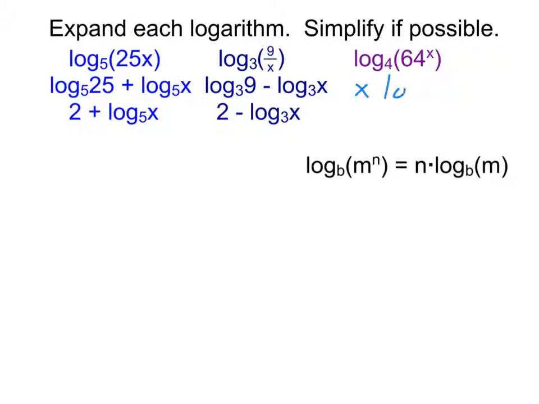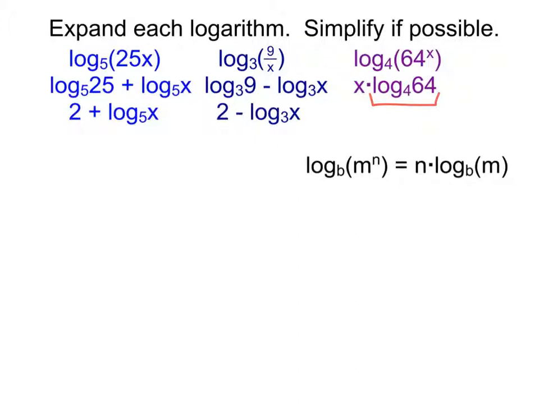So it's going to be the same log base 4 of 64. And again, you can put parentheses around the 64 or leave them out. It means the same thing because it's just one thing inside of the logarithm. And so now that I have x times log base 4 of 64, I look to see if I can simplify it any further. Do we know what log base 4 of 64 is?